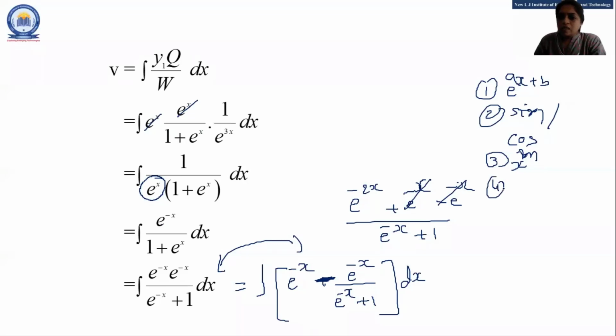For the fourth case, exponential term into a function of x, meaning your first case multiplied with the second or third case, and the fifth case of the shortcut method is x into a function of x.